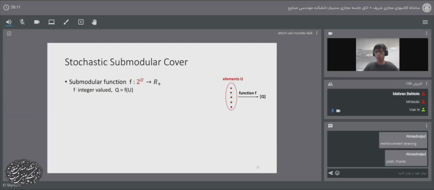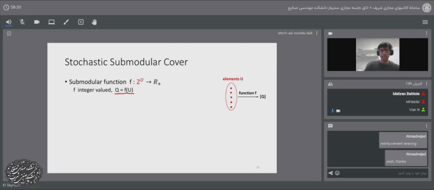So let's move on to the stochastic setting. As we saw in the deterministic problem, we are still going to have a submodular function f that's defined on a ground set of elements. And again, remember that we assume that the values that the function takes are integers and q is the maximum value of the function.